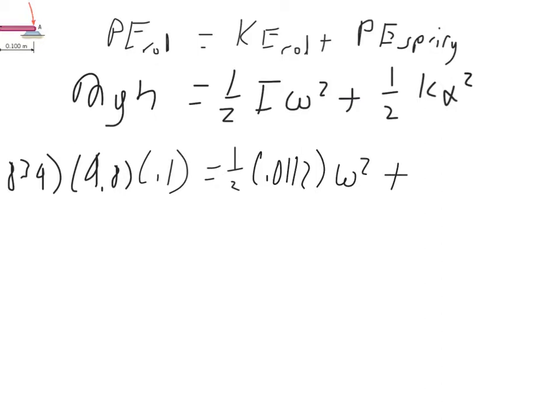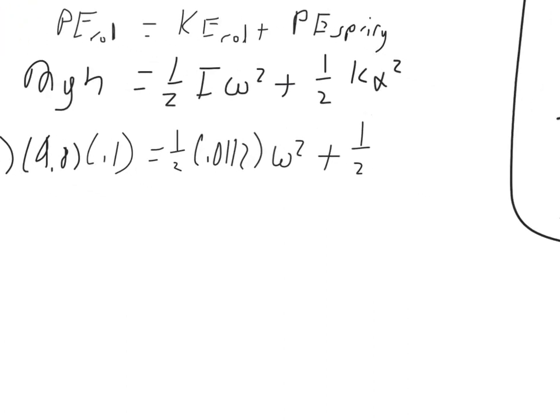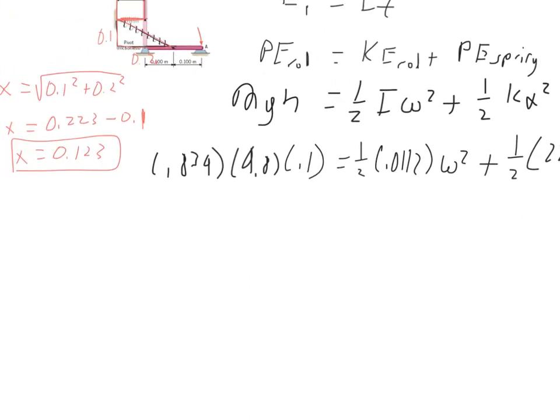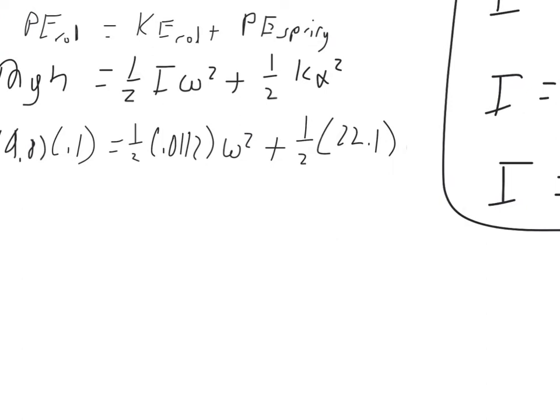Okay, so now we've got 1/2. They gave you the spring constant, which was 22.1. And the x we found over here was 0.123, and that's got to be squared. Let's sneak that in here. So that's going to be 0.123 squared.